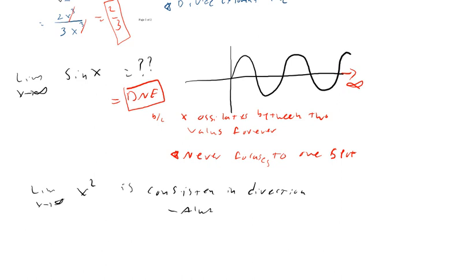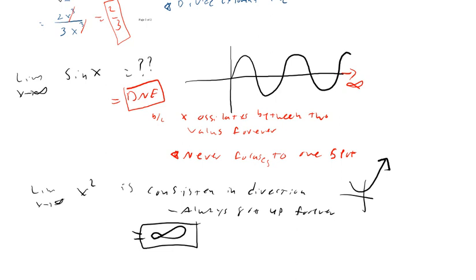Goes up forever. And that's why we can say this limit is infinity, because it goes up forever. It's never going to go back down and be something different later on. So when you oscillate, that's where you have a problem. If you're constantly changing, that's the problem. When you're consistent, that's when you can find a limit there. Okay?